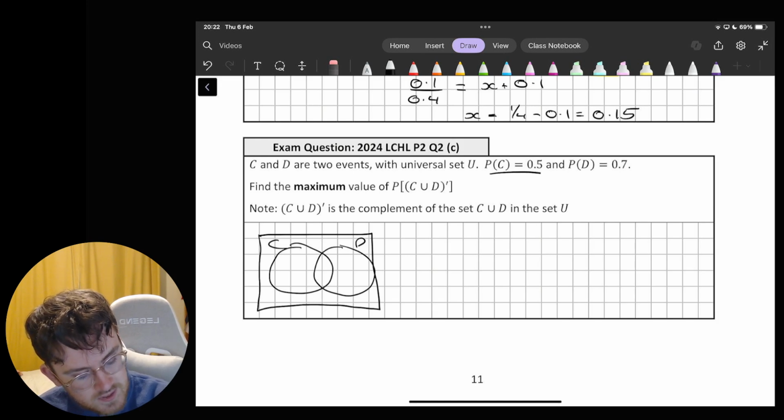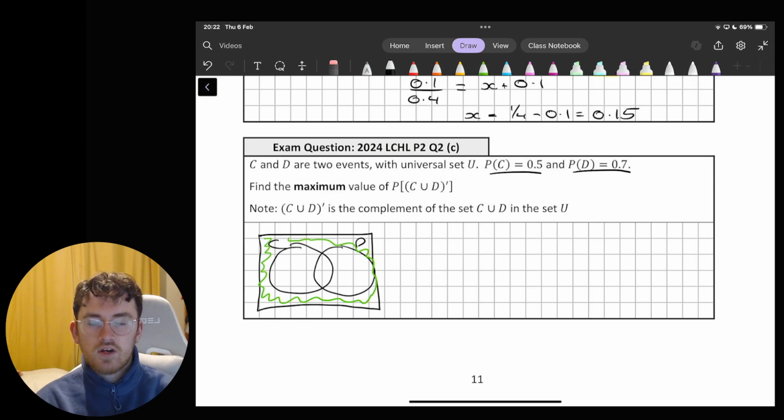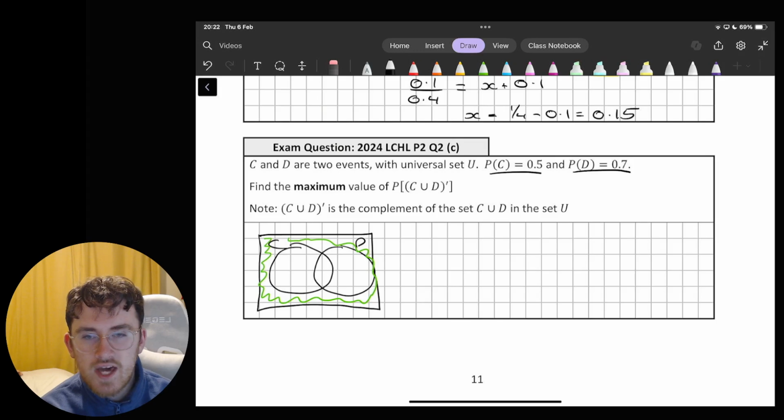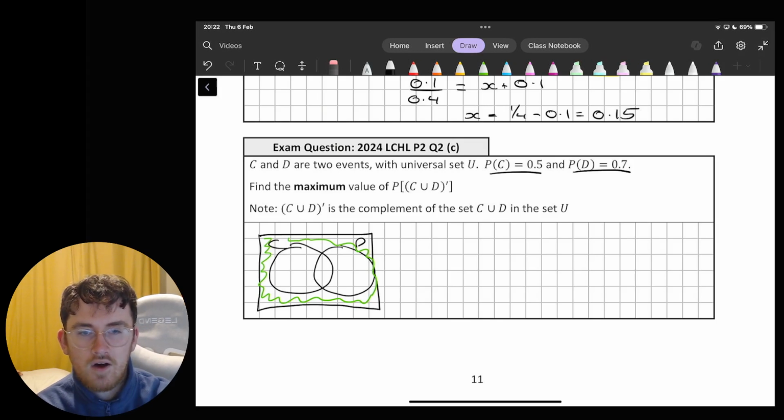We know the probability of C and the probability of D here, and I would like to maximize this value on the outside. Overall these probabilities should add up to give me 1, all of our Venn diagram.